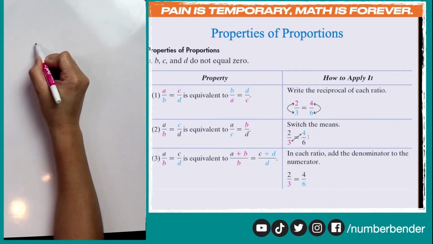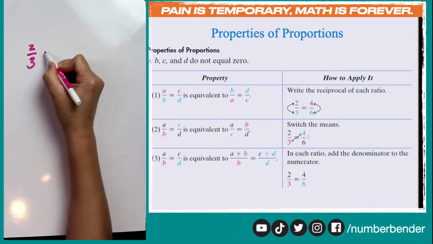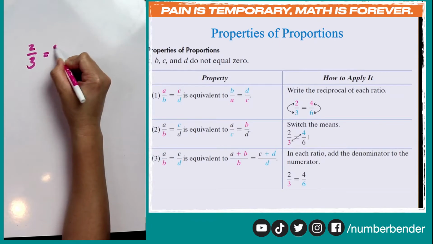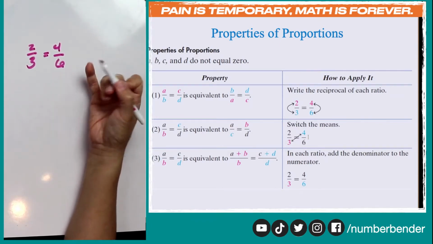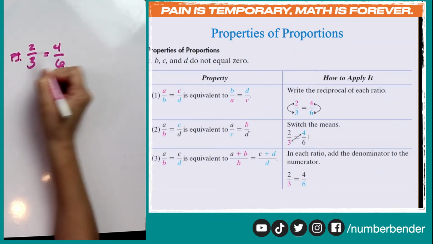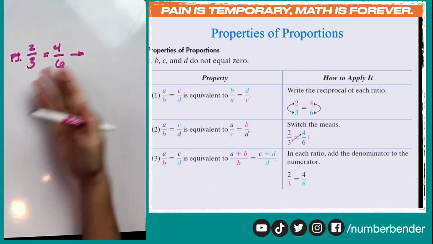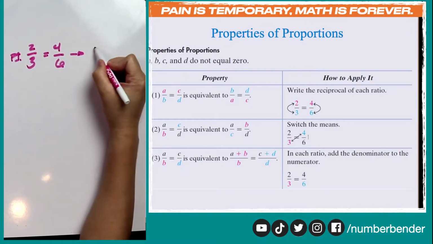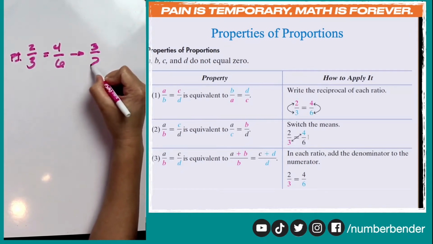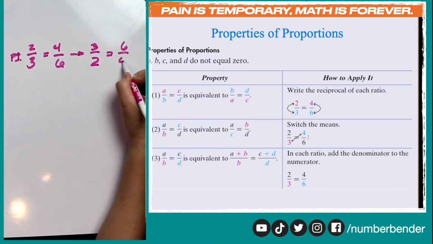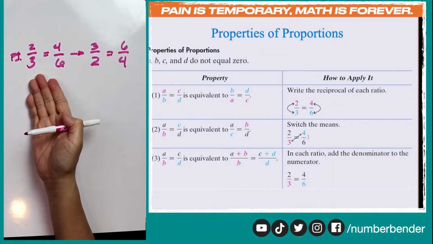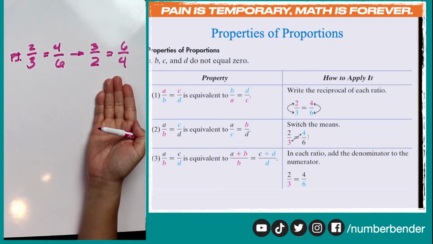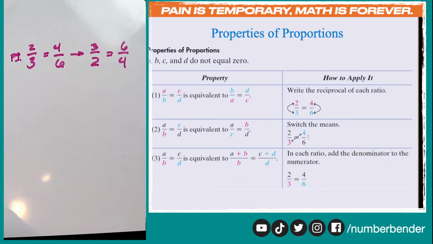So if we have, let's say, 2 over 3 equal to 4 over 6, and we need to change its composition using property number 1, we can modify this into 3 over 2 equal to 6 over 4, and we're not changing the values of the fraction. We are merely modifying our equation so that it will work for us in some problems that we're going to be working on in the future.